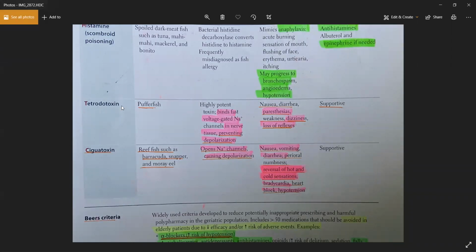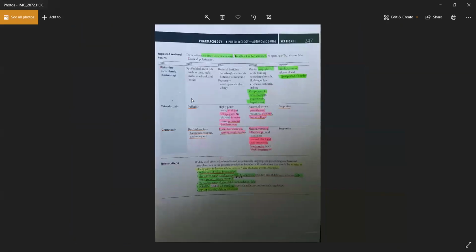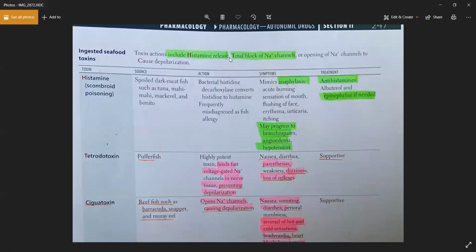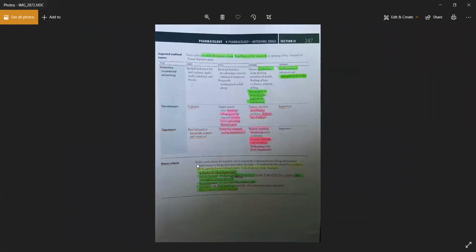In case of tetrodotoxin, you will get the hyporeflexia. So tetrodotoxin is the total block of the sodium channels, and the ciguatoxin can cause the depolarization of the sodium channels. Very much important to know. Treatment is only supportive.